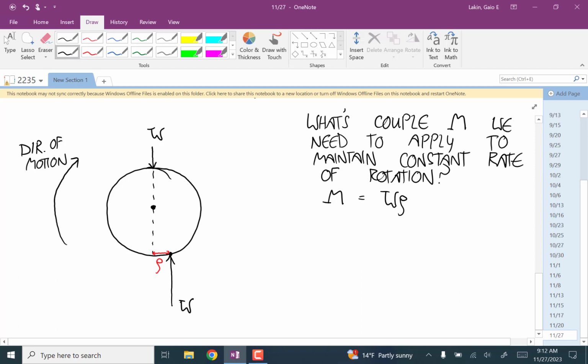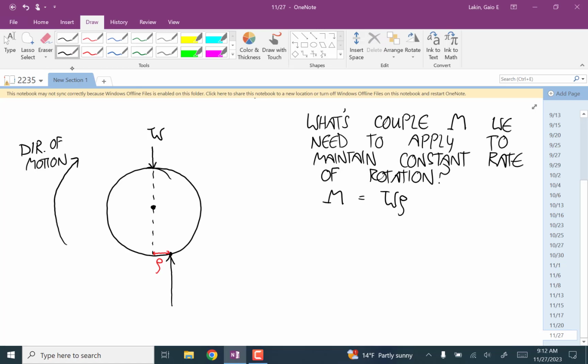So really what we're trying to do is calculate that distance rho. That's really our whole job here. How much has that force applied by the bearing become offset from that center line?